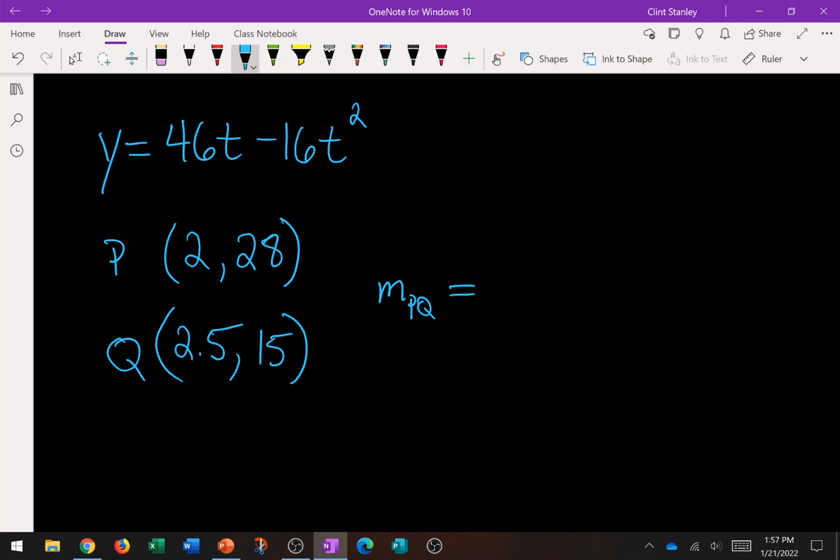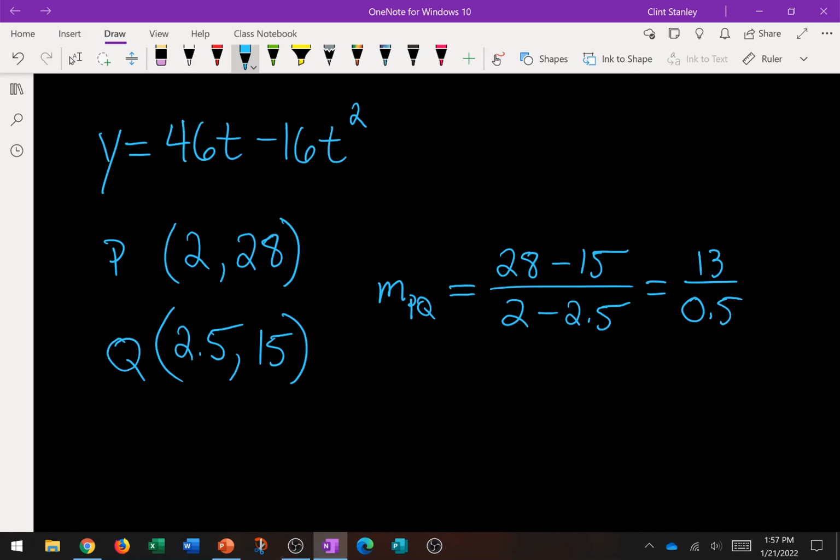So let's see, y2 minus y1, so 13 over 0.5, 26. And that's feet per second.